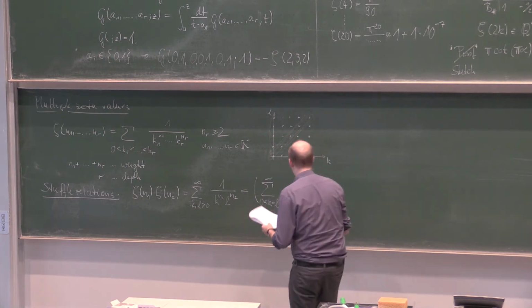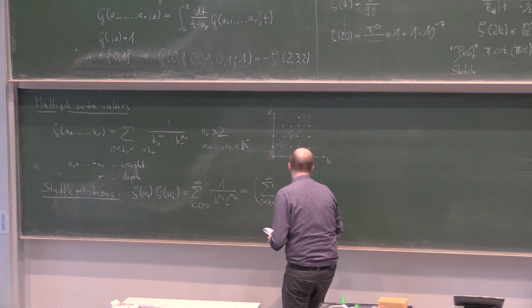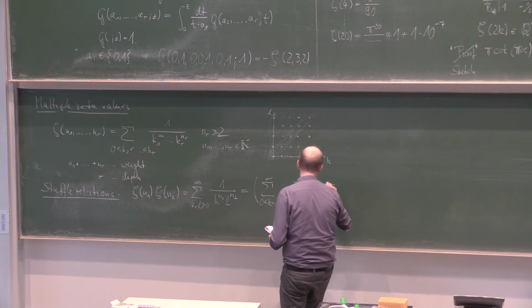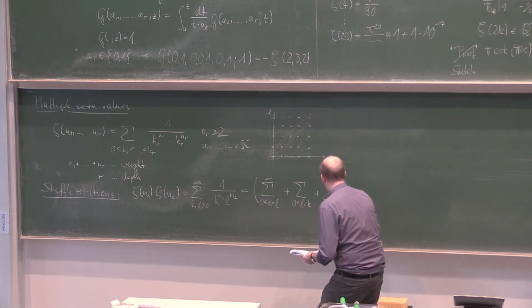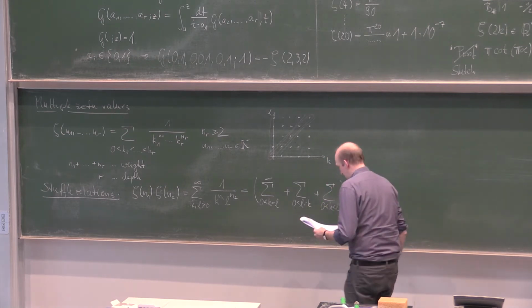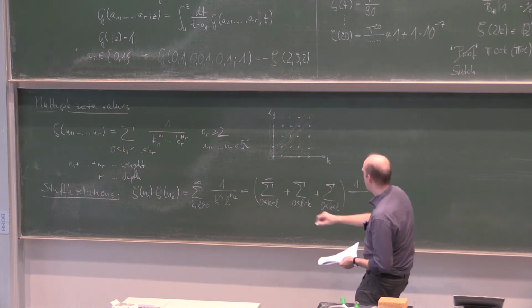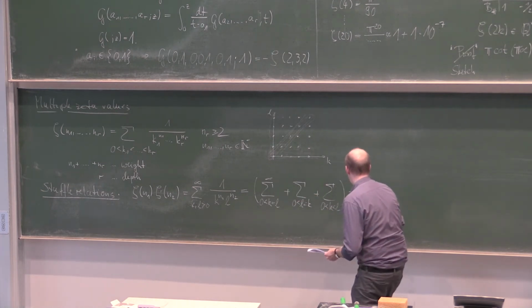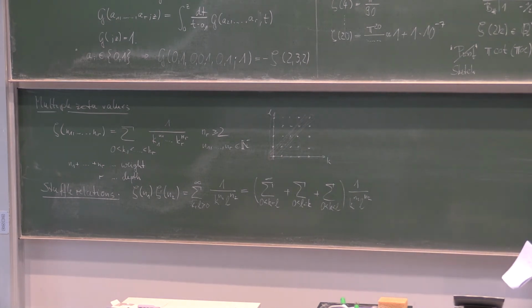So now we have 0 less than l less than k plus the sum 0 less than k less than l. And this is to be multiplied with 1 over k to the n1 l to the n2.